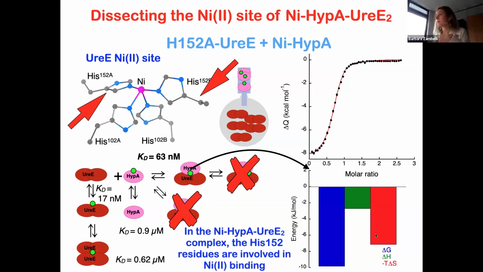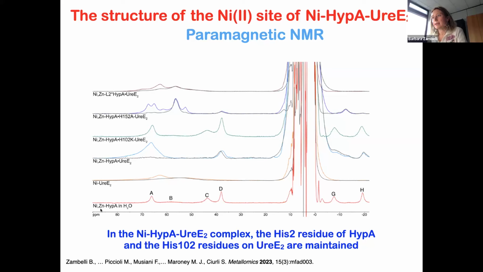We also had X-ray absorption spectroscopy data that show that nickel binds to the two proteins in an octahedral environment with 3 histidine residues and 3 oxygen-nitrogen ligands. By paramagnetic NMR of the complex, you see, this is the complex here. These are the single proteins, nickel urease and nickel HypA.